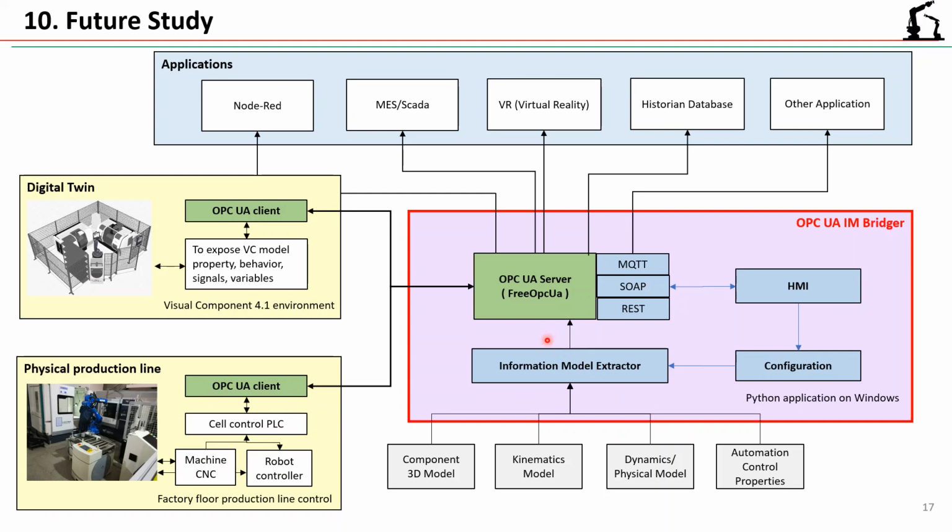On the other side, the OPC UA server will be able to link the digital twin and the physical automation production line together. Meanwhile, it can provide data to other applications through either OPC UA or other communication protocols.